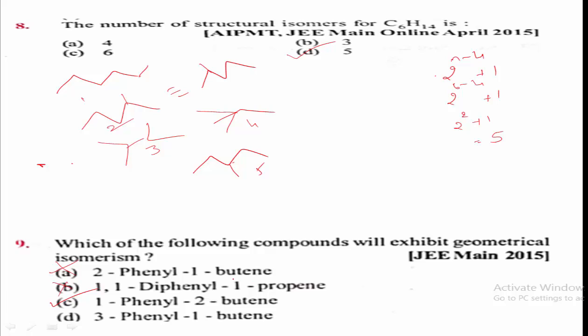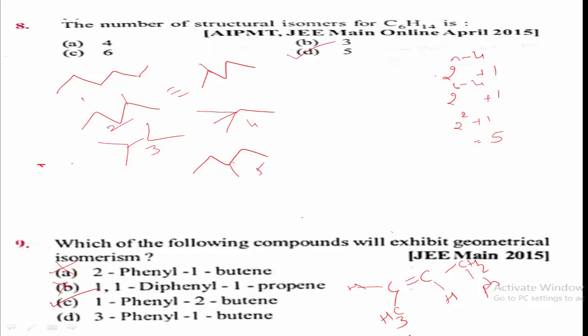I write the structure like this here, C double bond C, here 1 CH2, that CH2 contains Ph, means phenyl group, and 1 H here, and in another side 1 H and 1 CH3 group.